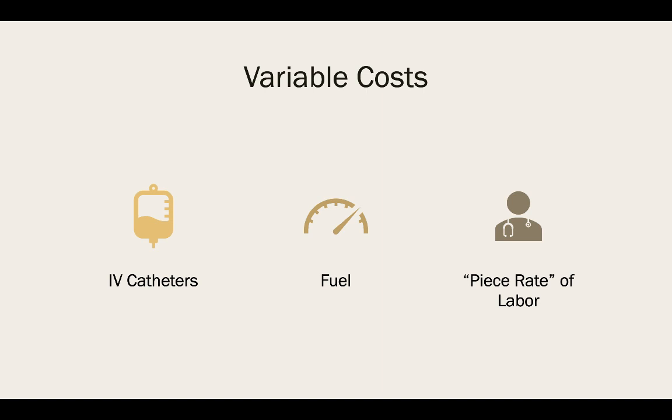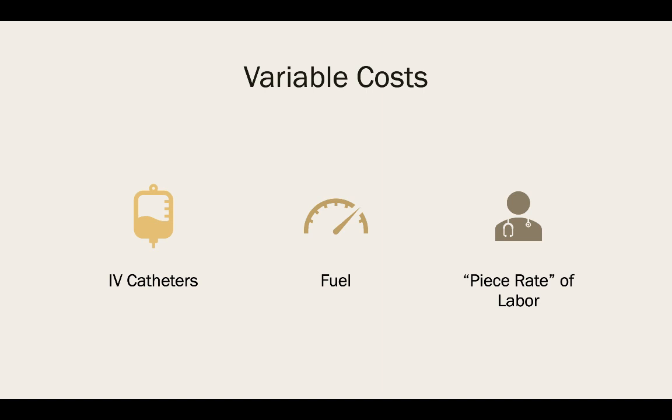In comparison, our variable costs are costs that do change with changes in our call volume. So changes of demand, changes in volume, these variable costs are going to change. So we think IV catheters, fuel. The more calls we go on, the more supplies we use, more IV catheters we use.